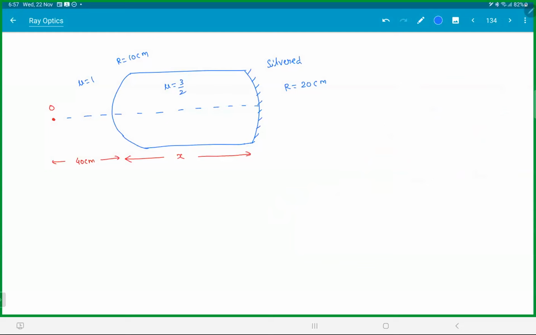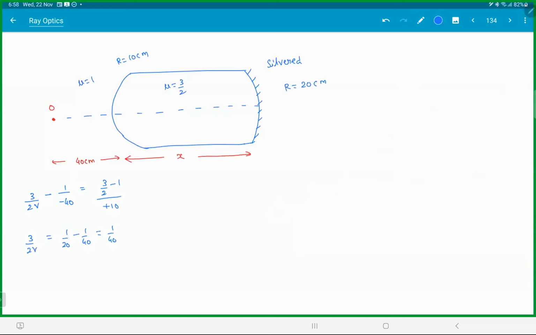First, find the image. First refraction. I'll stop writing mu1, mu2 now. Directly, you should know how to write 3 by 2. v minus u: mu2 by v minus mu1 by u equals (mu2 minus mu1) by R. Here u is minus 40, mu2 is 3 by 2, mu1 is 1, and R is plus 10. So 3 by 2v equals 1 by 20 plus 1 by 40.